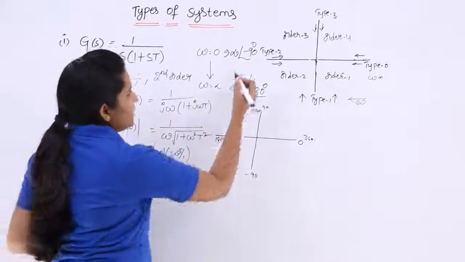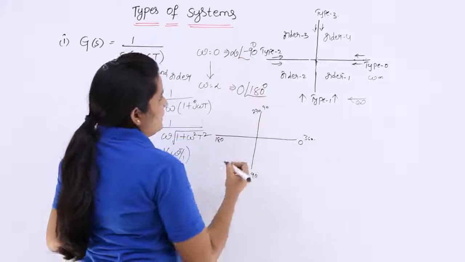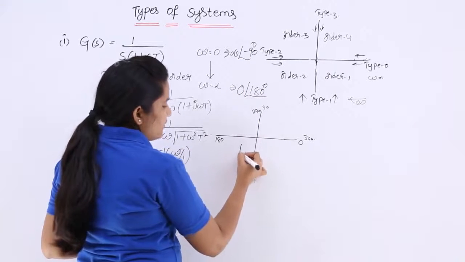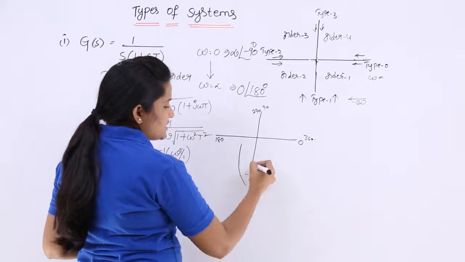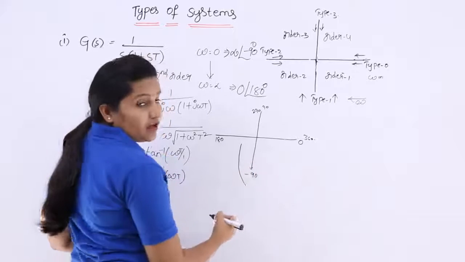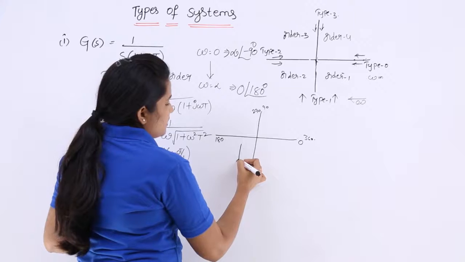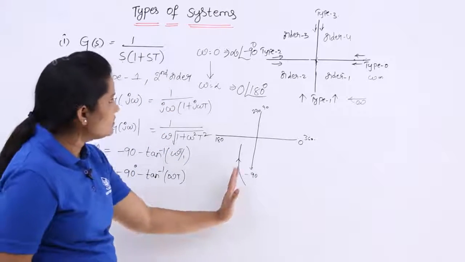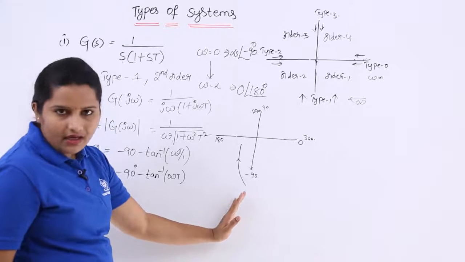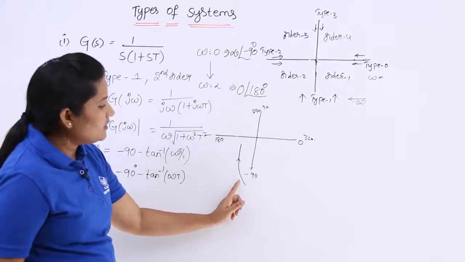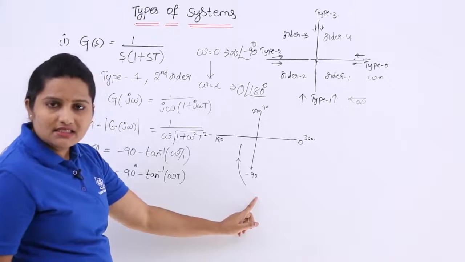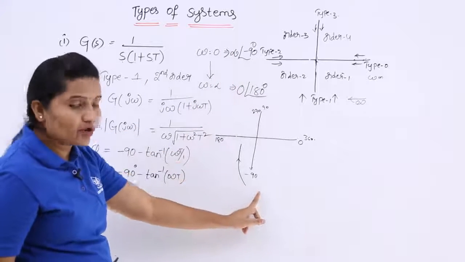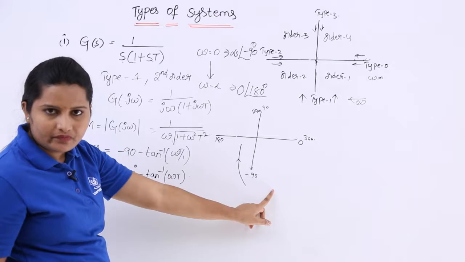And here, infinity from minus 90 degrees, we do not know the value of infinity where it will touch this line. It has a 90 degrees phase angle, and we do not know the value at this angle. Why? Because it is infinity. That is why I am not touching this plane.